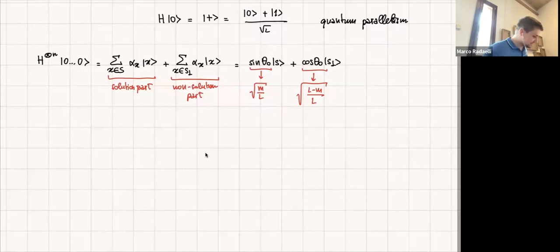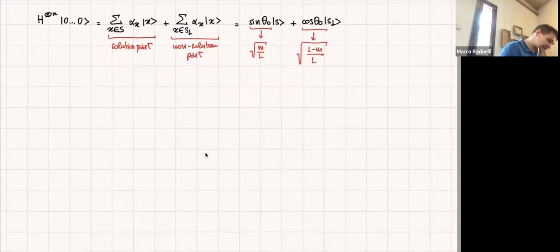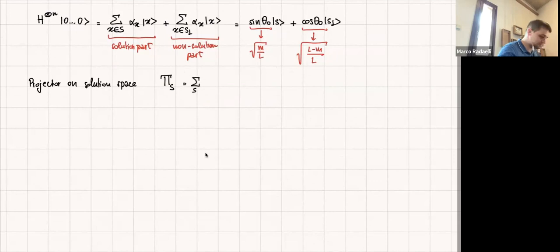Nice. So for easiness of representation, we can define the projector on the solution space, which we call pi S, and this is the sum over all the solution space, so let's write it like this, big S, |x><x|.